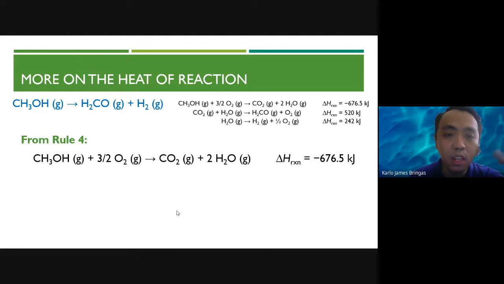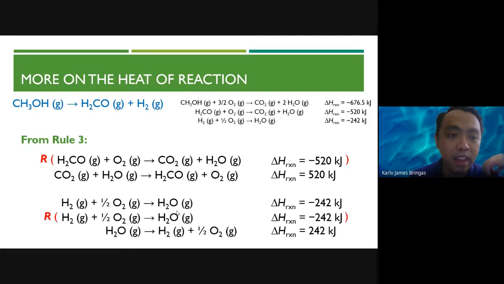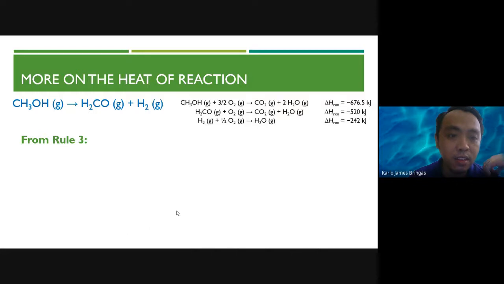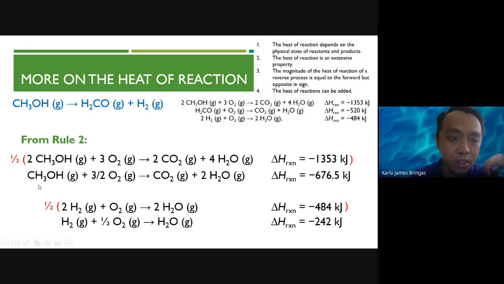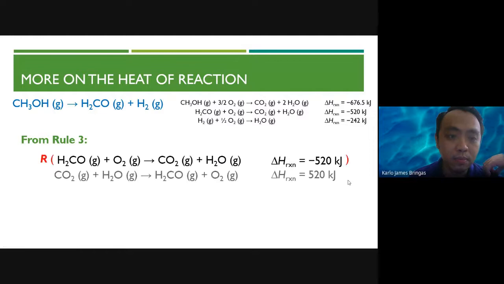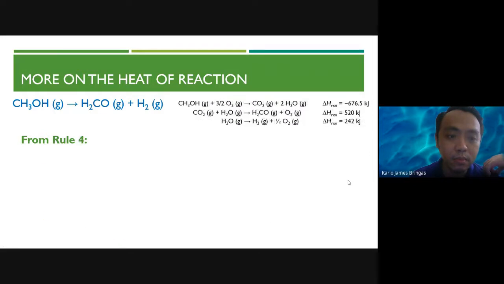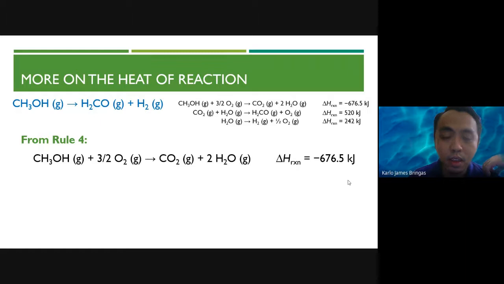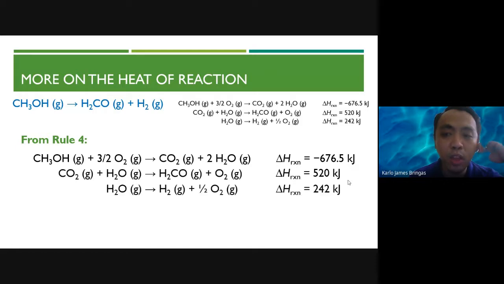So all we need to do is we just copy all of the thermochemical equations that we made up. So starting with the first one that we had, copying this one over here that we've made, so we now get the following. And copying as well all of the reverse na thermochemical equations, we have then the following values as well.